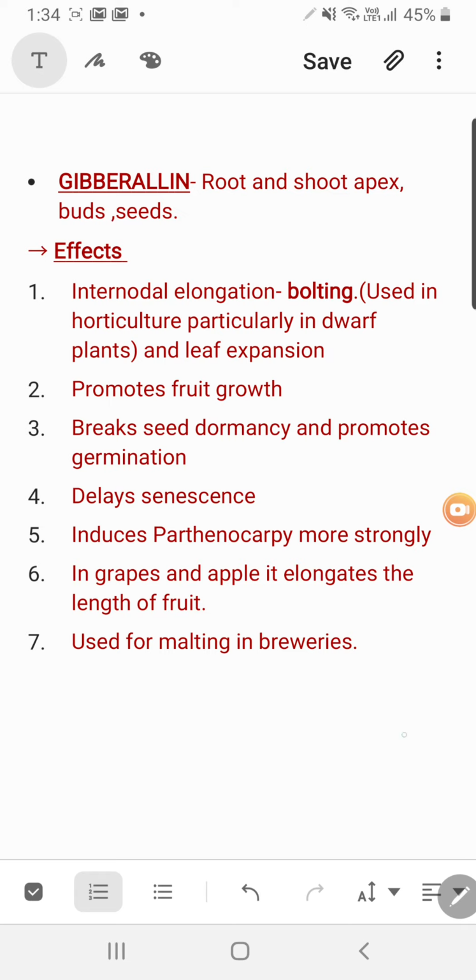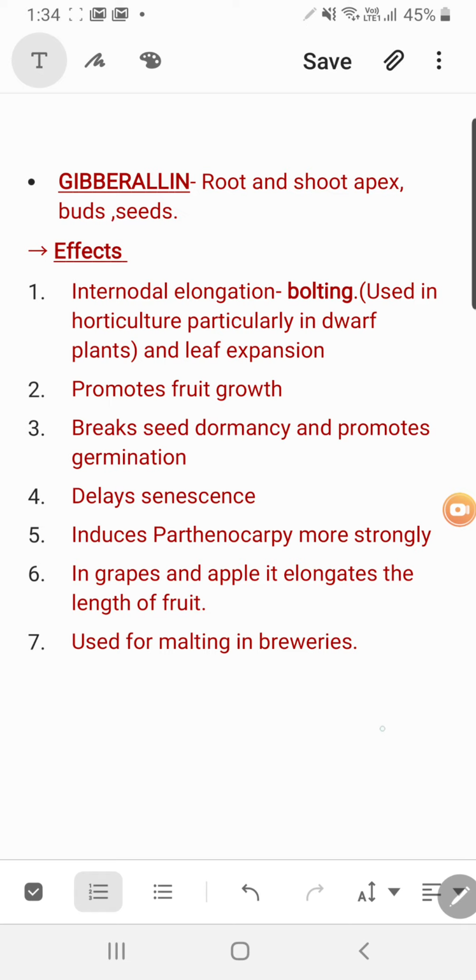Next one is delays senescence. The way auxin delays senescence, that is aging, similarly gibberellins also delay senescence. Another one is induced parthenocarpy. I've already explained what parthenocarpy is, and here this is a more potent hormone to induce parthenocarpy. I mean, it is stronger than auxin at inducing parthenocarpy in the fruit.